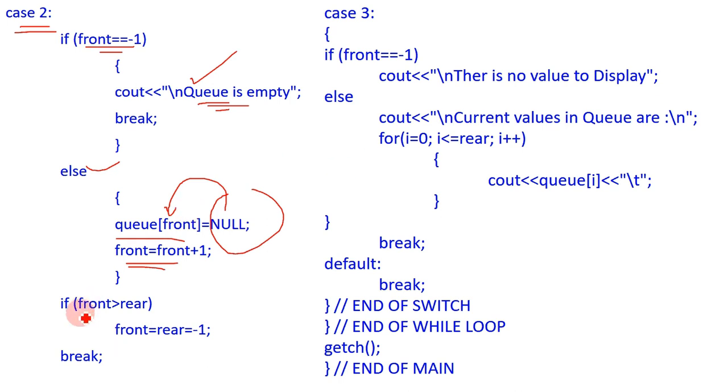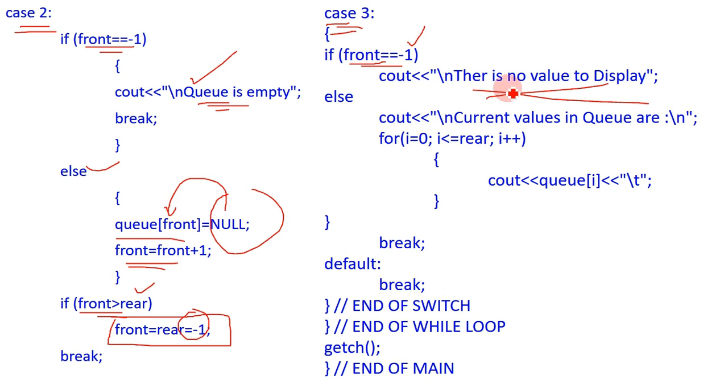If front is greater than the rear end, it means you have deleted all the elements. Now assign -1 to the rear end as well as to the front end. The third case is used for display. If front is equal to -1, it means there is no value to display.